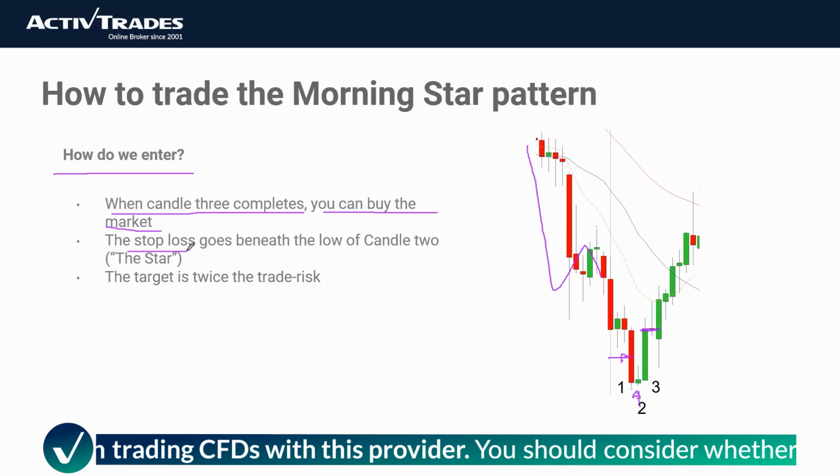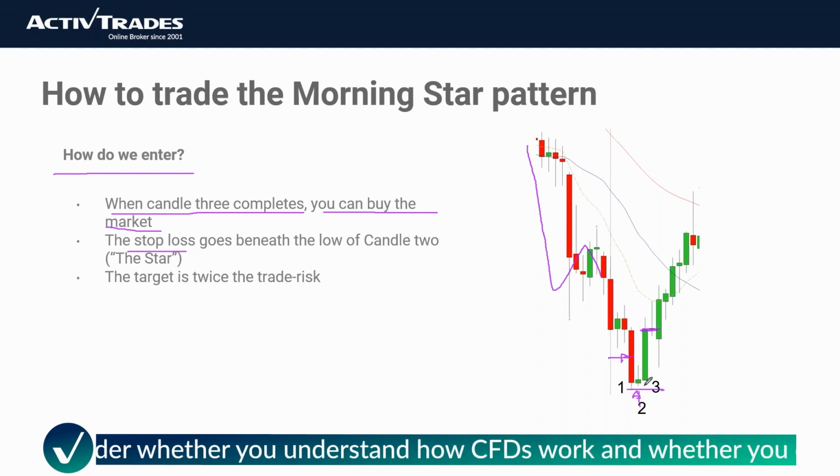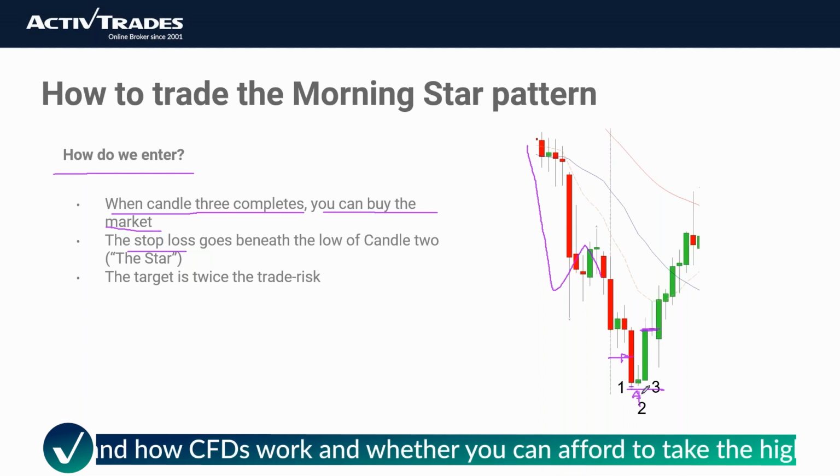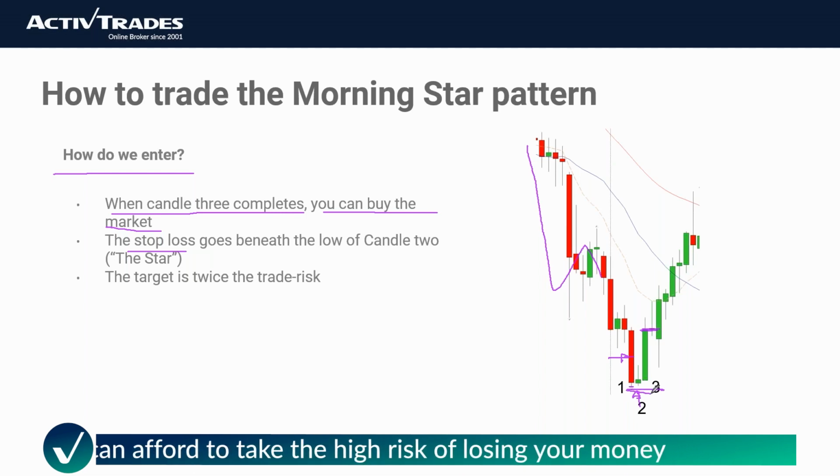Your stop loss, and we never trade without a stop loss, and we make sure we position size accordingly, goes beneath the low of candle 2. In this particular case, candle 1 is actually a little bit lower, so it should be beneath the low of candle 1. The whole idea is to ensure that it is beneath the low of the overall pattern.